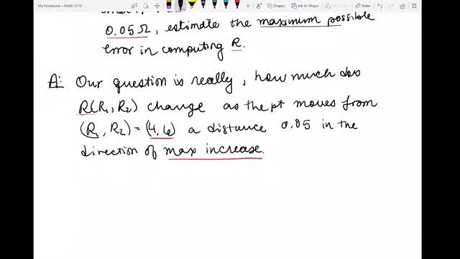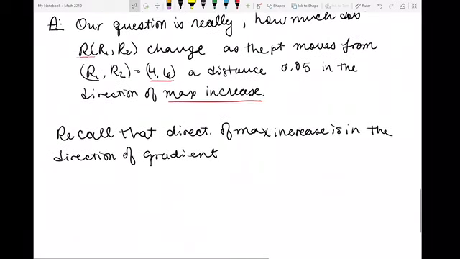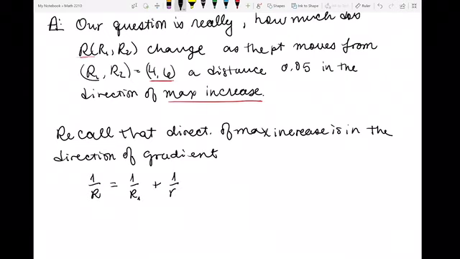Okay, so first, recall that the direction of max increase is in the direction of the gradient, like I said. And so let's calculate the gradient. Well, to do that, let me first write, we had this equation: 1 over R equals 1 over R1 plus 1 over R2.